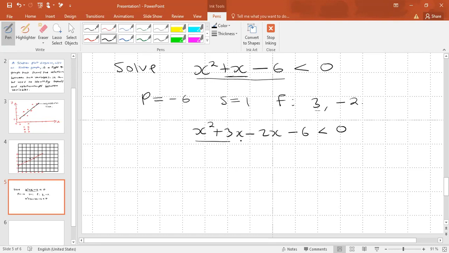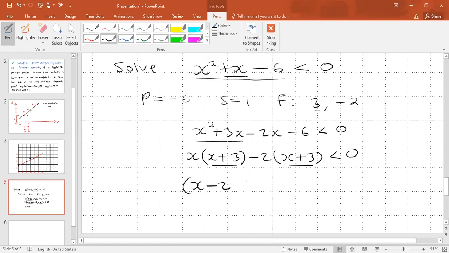Then these two, we factor out x. So it will be x open bracket x plus 3, minus 2 open bracket x plus 3 less than 0. So these two have to be the same always. So we get x minus 2 closing bracket, x plus 3 less than 0.